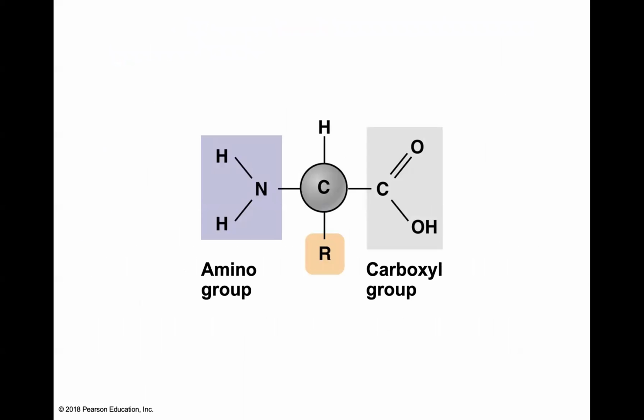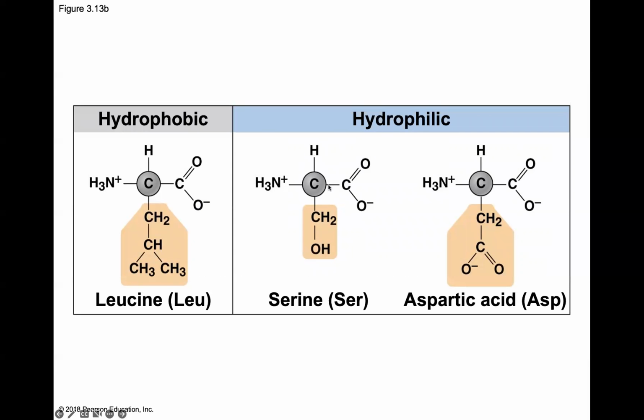This image shows you the basic structure of an amino acid, where we have the amino group, a carboxyl group, and this R group, all attached to the central carbon. The different properties of the amino acids are determined by the R group.